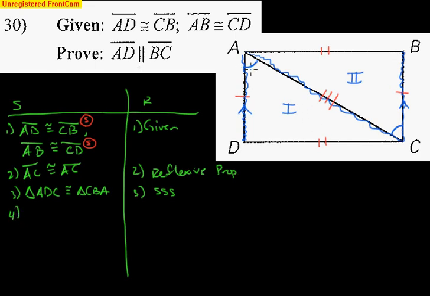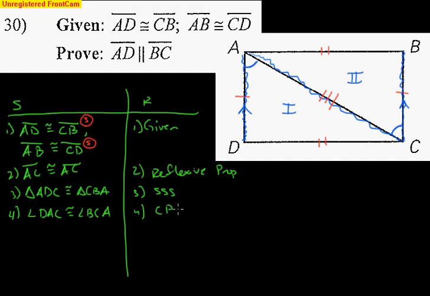So now, since the triangles are congruent by CPCTC, we know that these two angles, we'll call it angle DAC, is congruent to angle BCA.